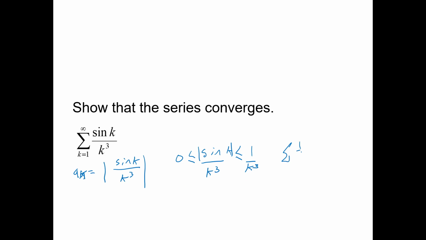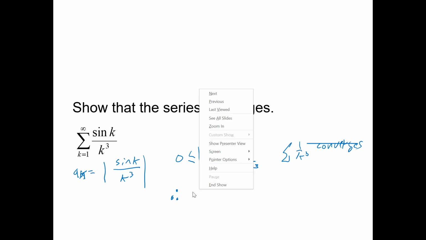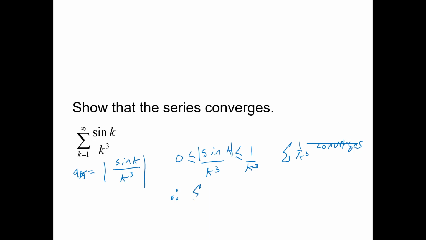The series 1 over k cubed converges. Therefore, the series absolute value of the sine of k over k cubed converges.